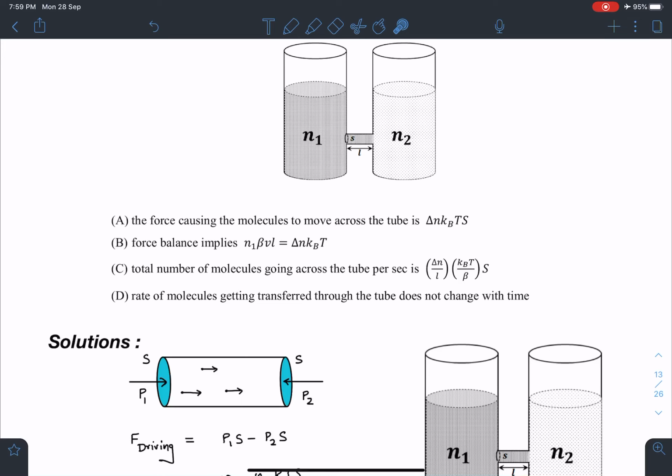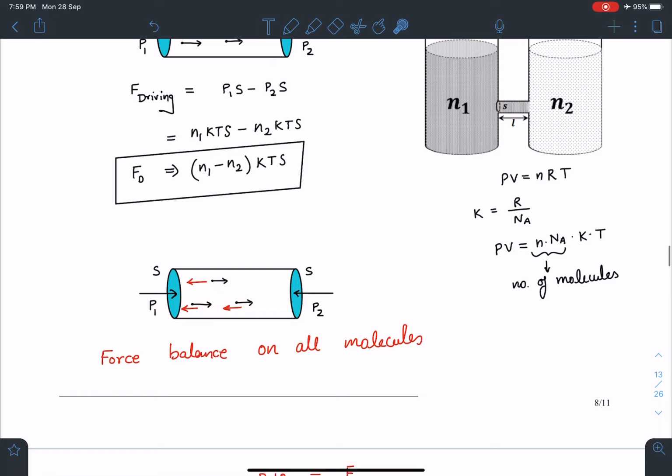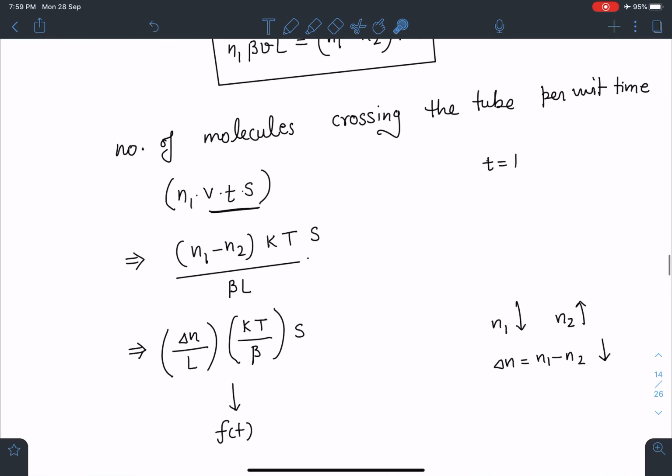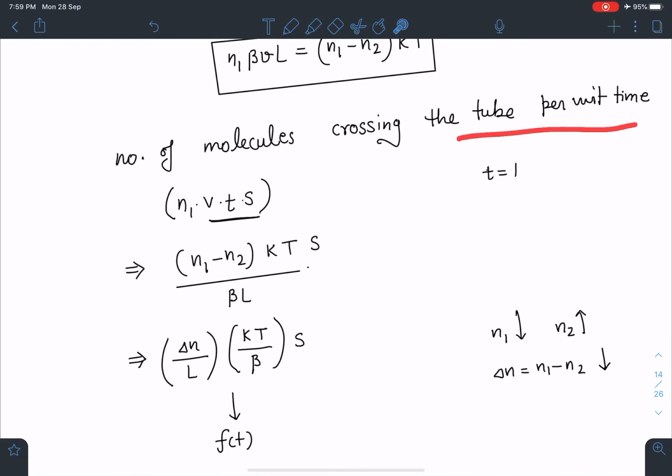So C and D are related to each other. So let's check. Number of molecules crossing the tube per unit time. So N1 is the concentration in the tube. VT is the length which it is going to cover in t seconds.